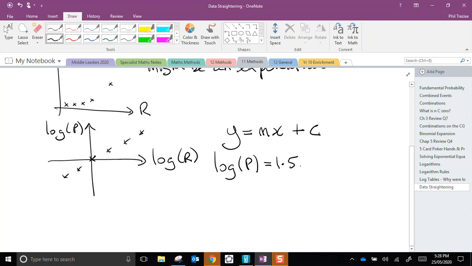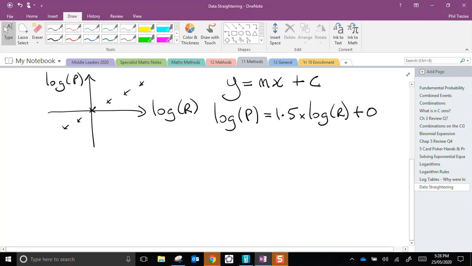So I'm going to go with 1.5. X variable is log R plus, and from the calculator, C equaled negative 0.001. That's close enough to 0 for me that I'm not going to worry about it. So there is my equation.